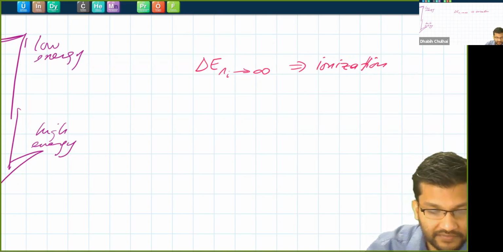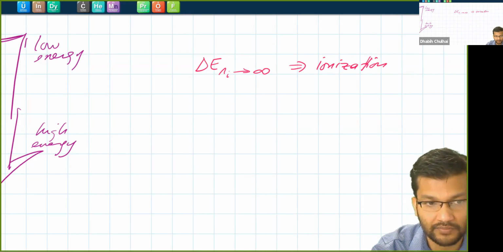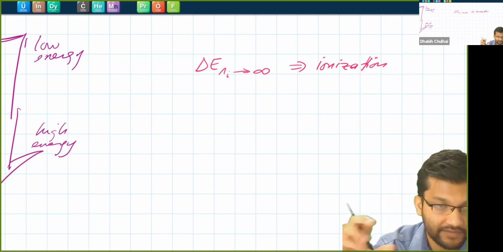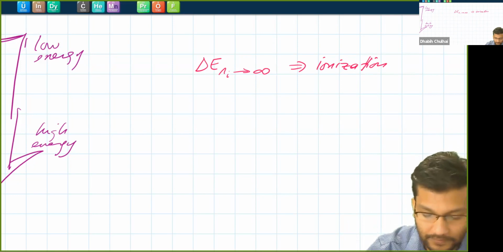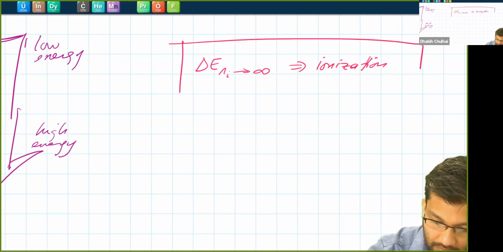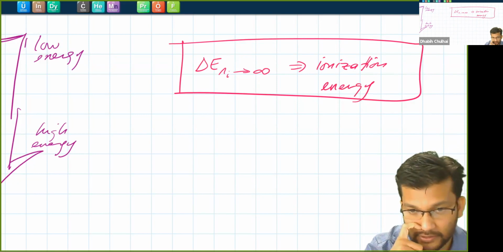What happens if the electron goes from some initial energy level n to the final energy level being infinity? Whatever energy that comes out to be, that's the amount of energy you need to rip that electron away from the atom. Does that make sense? Cool. That's the ionization energy.